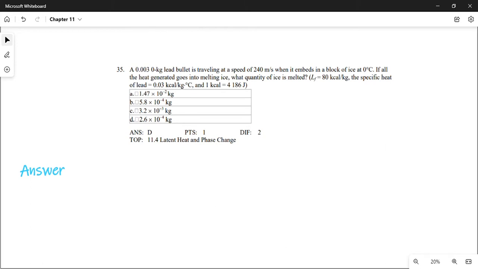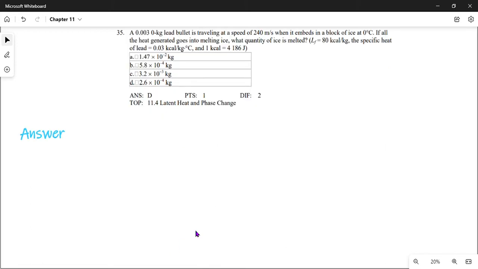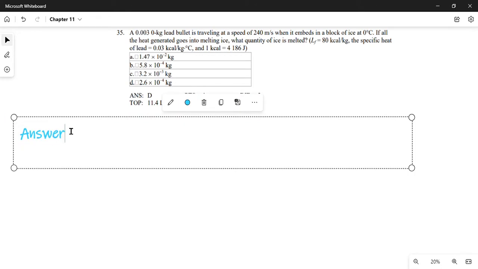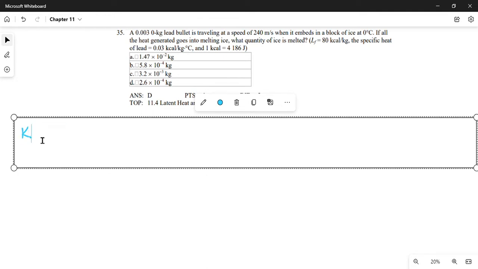Question number 35. The energy here is in the form of kinetic energy. So let us start with calculating the kinetic energy. The kinetic energy equals half mv squared.